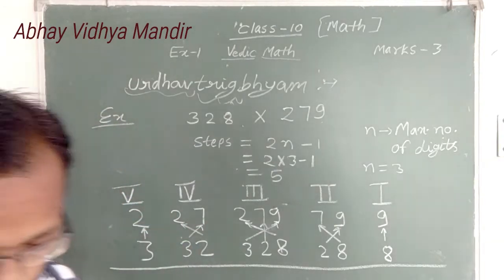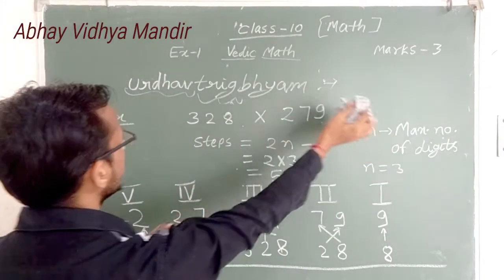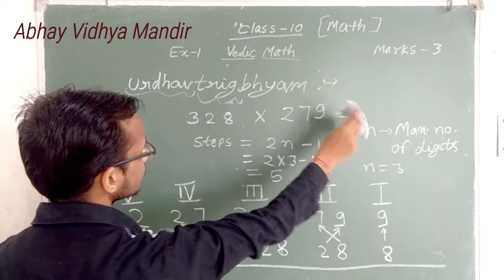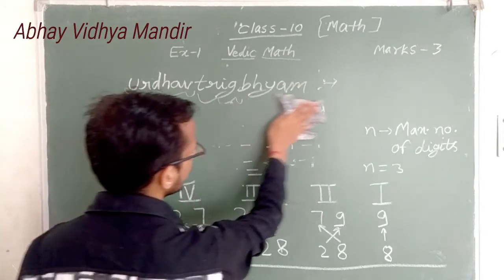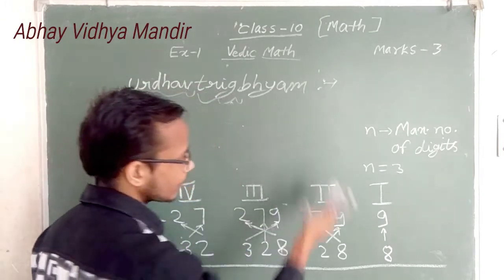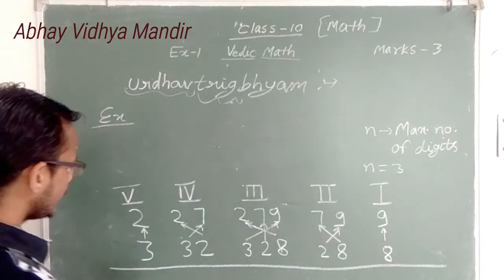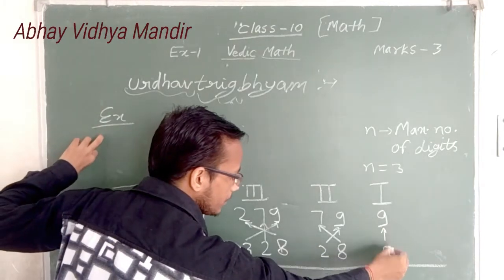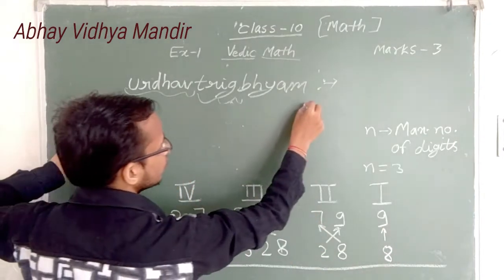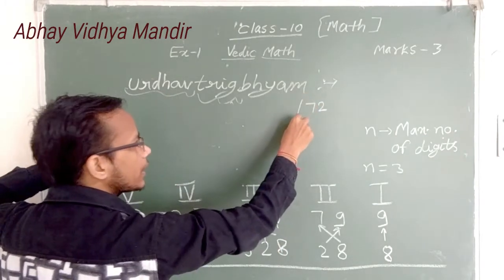Now we are to solve it. I am going to erase it. Let's see. 9 multiplied with 8 is 72. Draw an oblique line.